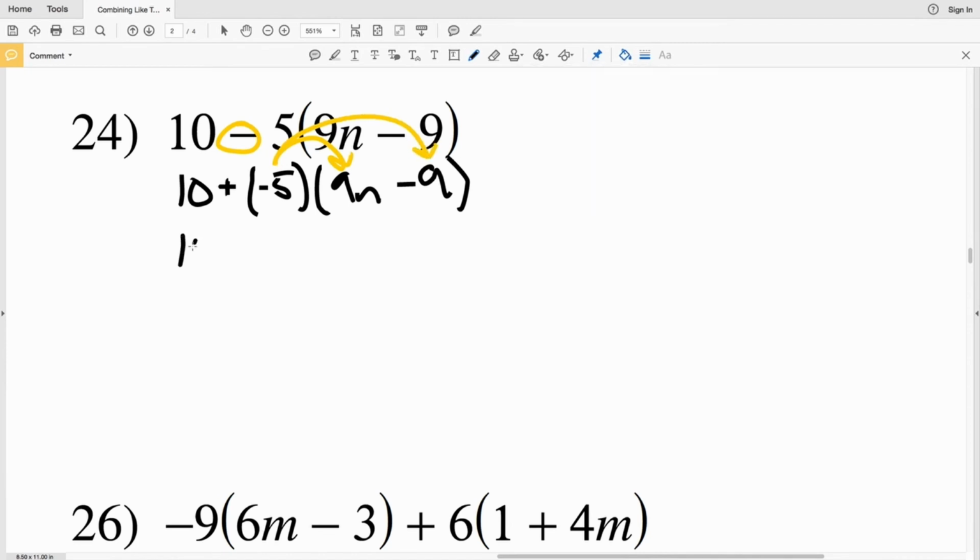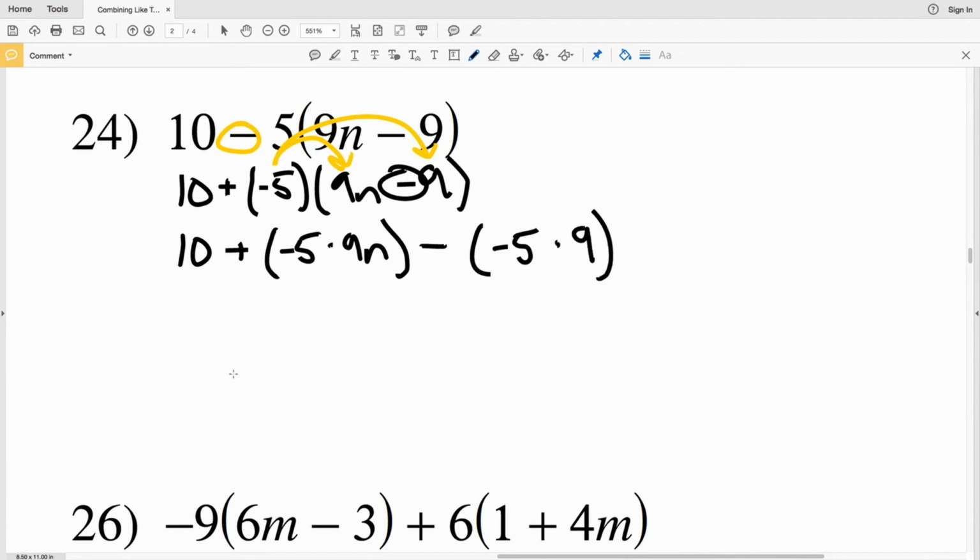This leaves us with 10 plus negative 5 times 9n minus negative 5 times 9. 10 plus negative 5 times 9n is a negative 45n minus negative 5 times 9 is a negative 45.